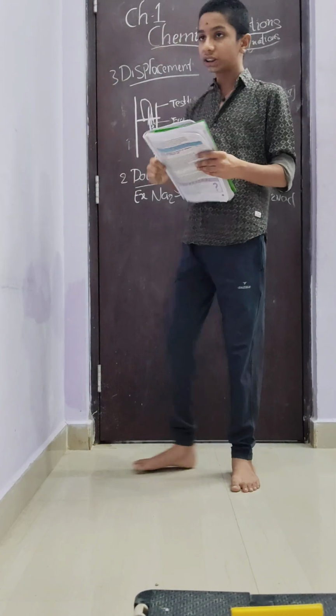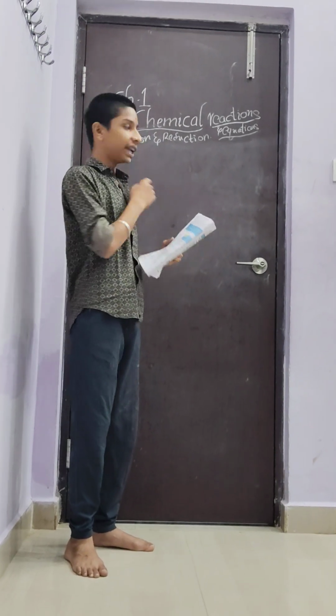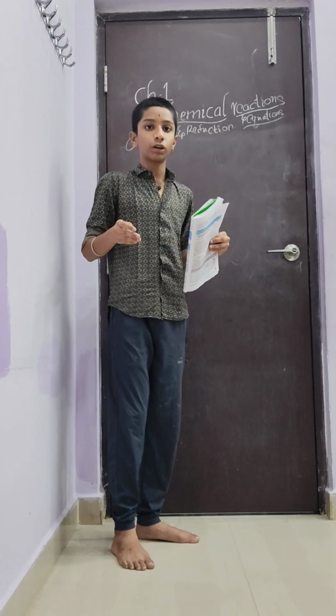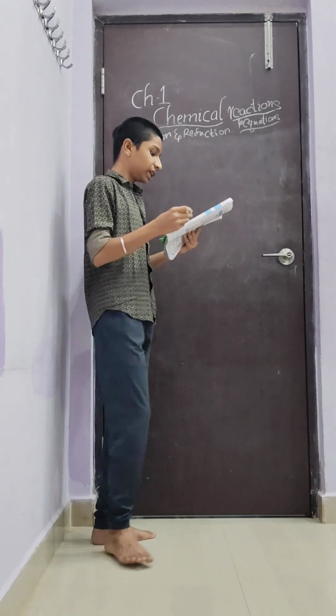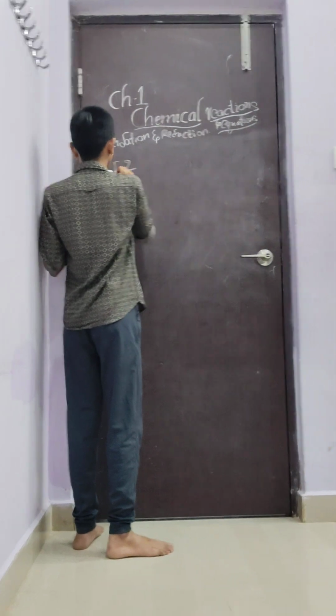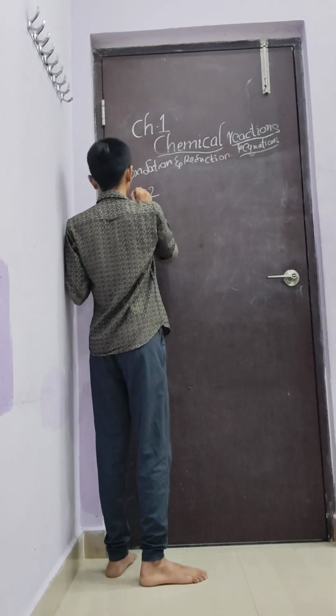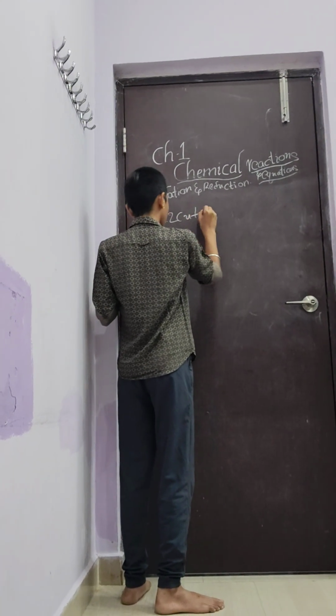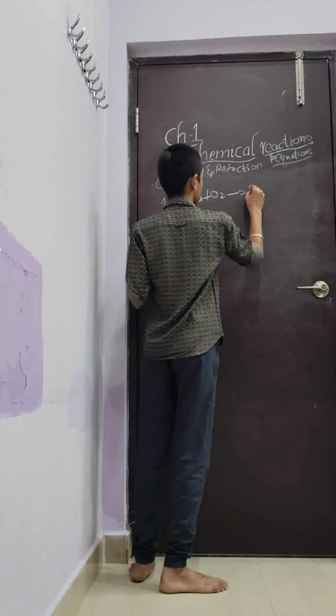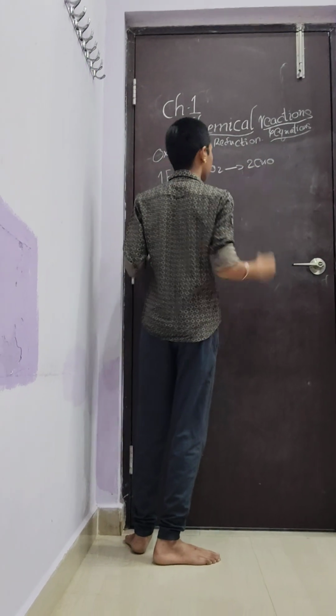And oxidation and reduction. Next, the topic is oxidation and reduction. What is oxidation? Gaining of oxygen is called oxidation. And reduction is losing of oxygen and gaining of hydrogen. Now let's see examples. 2Cu plus oxygen gives rise to 2CuO.